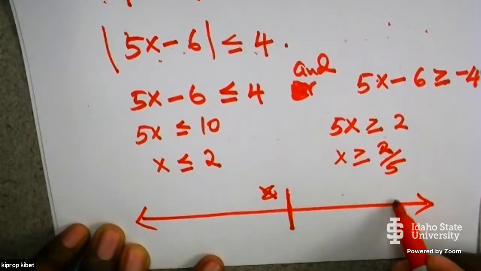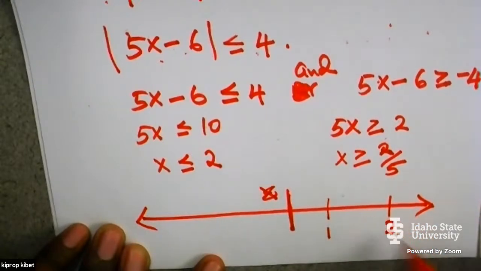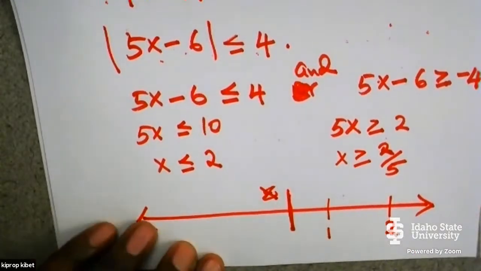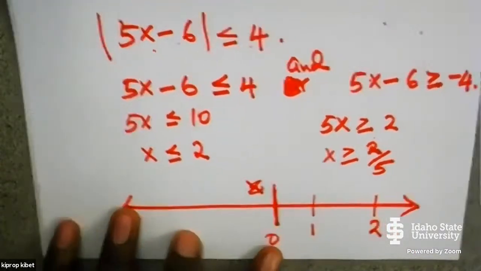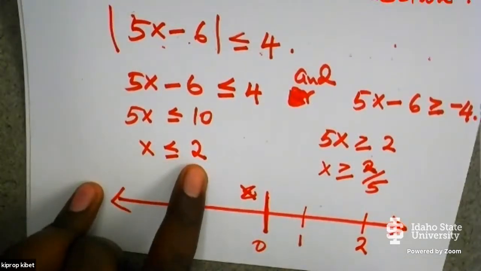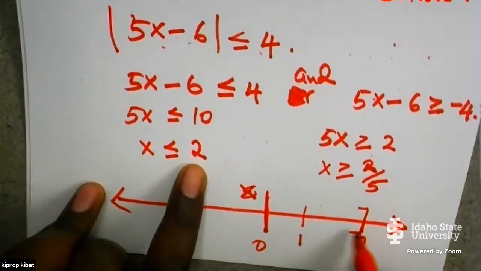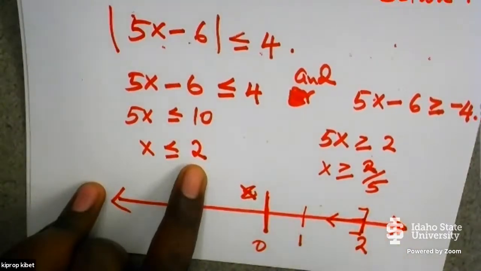Let's say we start with 1 here and then 2 there, and this is 0. So we have x less than 2. The values of x are less than 2. So this is 2 here, like that, right?